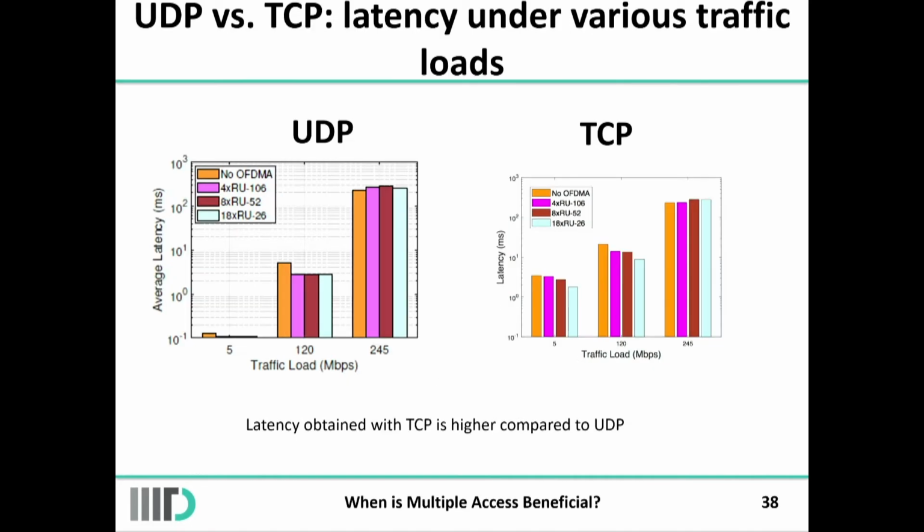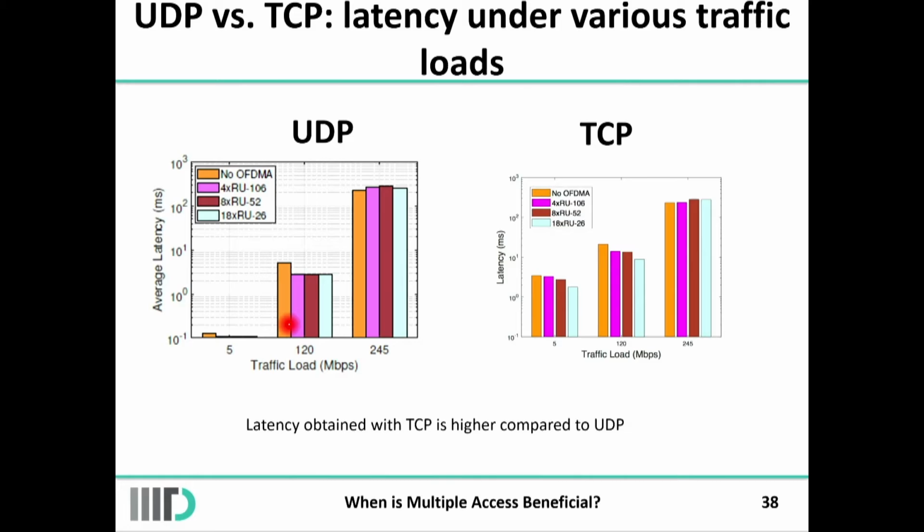Before that, we looked at the latency results also. These are the latency results for UDP, and these are the latency results for TCP. First of all, you will observe that the latency has increased in TCP compared to UDP. That's for an obvious reason: there are TCP acknowledgements that the access point has to schedule, because of which the downlink data frames wait in the MAC queue, and therefore the latency overall increases.